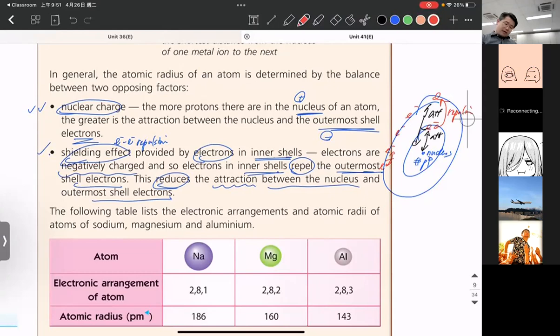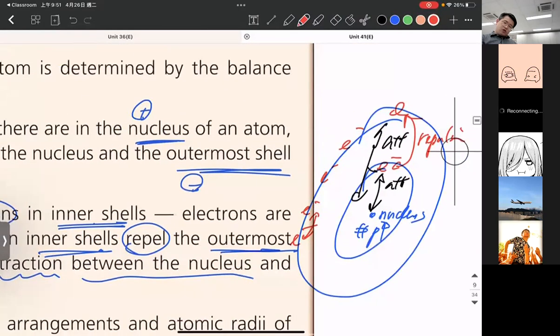What do I mean by that? These two, that type of shielding is stronger, while these two within the same shell, it is weaker. Can you get my point? It is just like earning money, right? Earning $10, but earning just $1. Can you get my point?